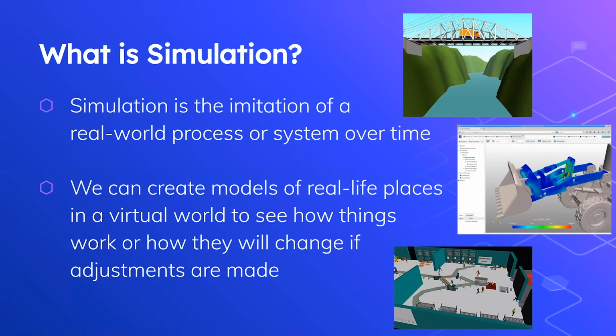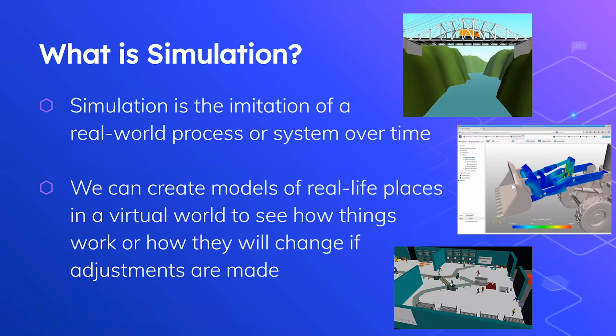So what is simulation? Simulation is the imitation of a real-world process or system over time. We can create models of real-life places in a virtual world to see how things work or how they will change if adjustments are made. So you can simulate a lot of different processes. At the top here, it's a simulation of a bridge. So people like civil engineers would work with that.